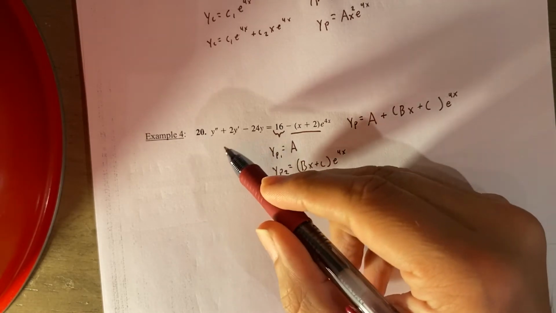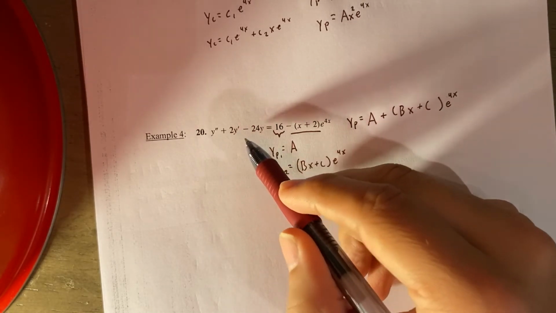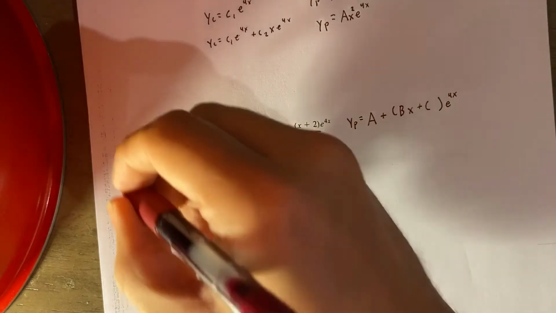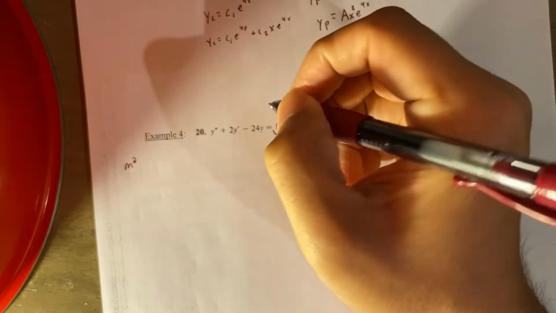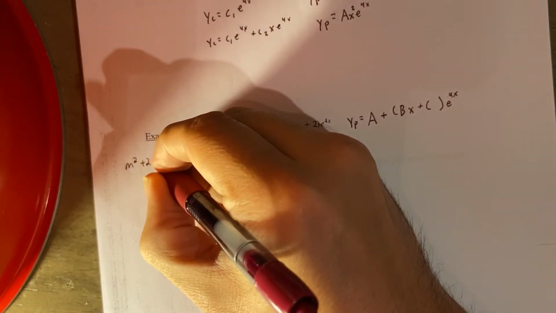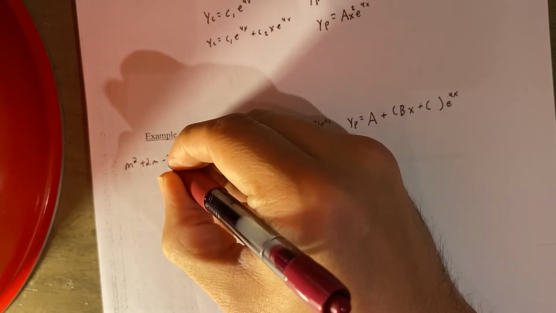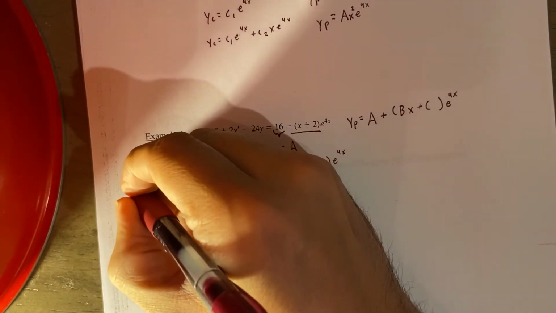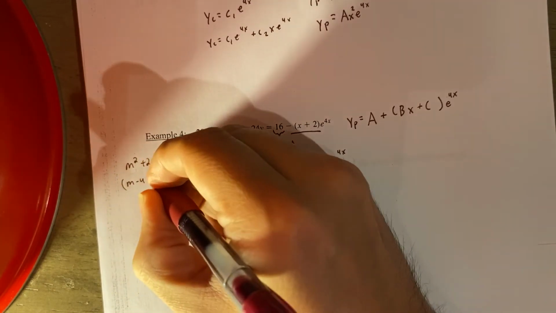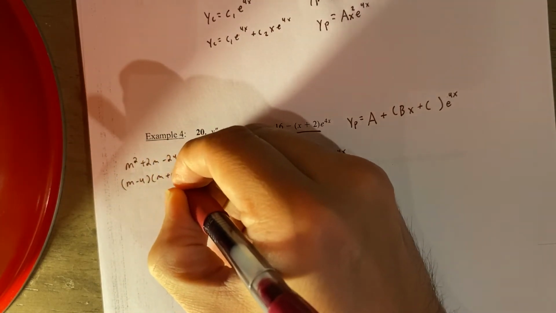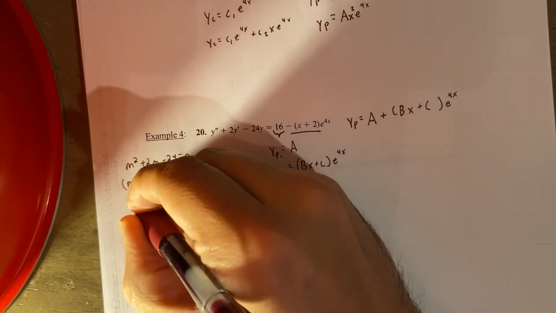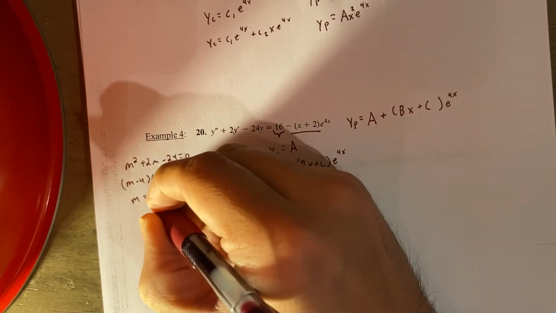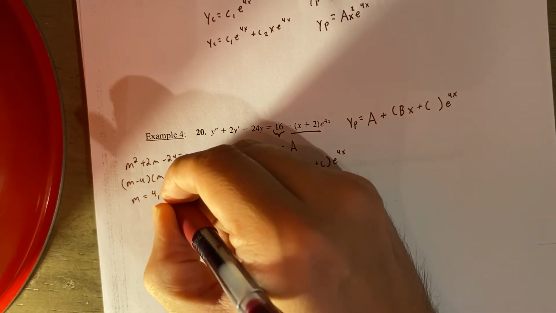And so now, let's go ahead and solve for the non-homogeneous part, which is going to be y double prime plus 2y prime minus 24y. So I'm going to have m squared plus 2m minus 24 equals 0. When I solve for this, I'm going to get m minus 4 times m plus 6 equals 0. So my m's are going to be a positive 4 and a negative 6.